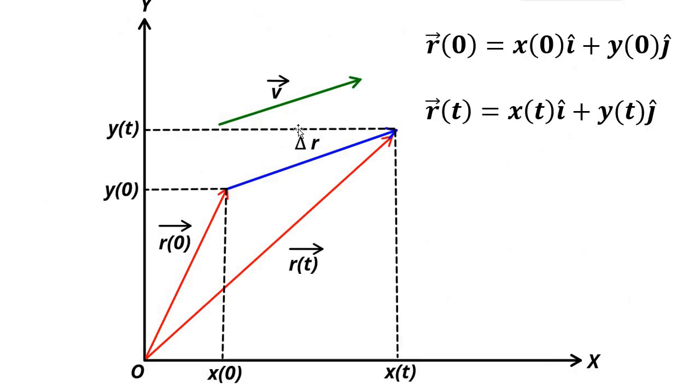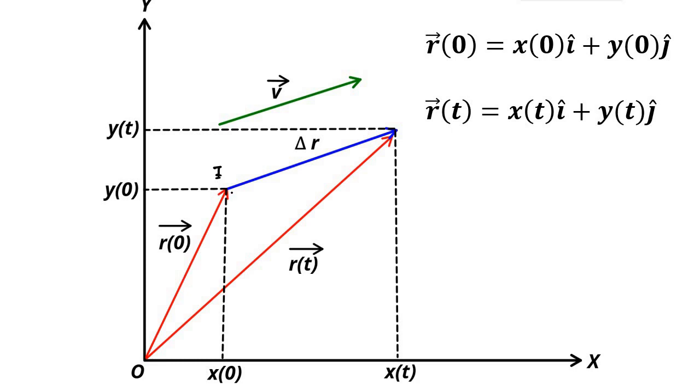Here let's say this initial point I is specified by two position coordinates, x0 and y0, the initial position coordinates.